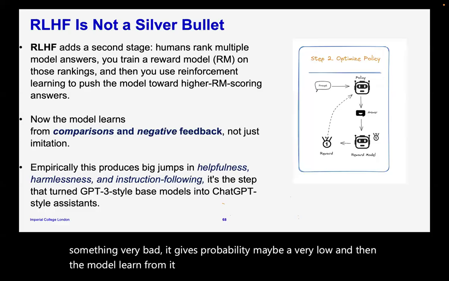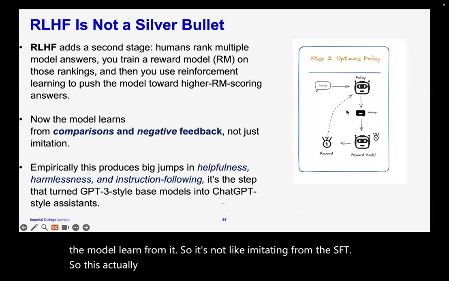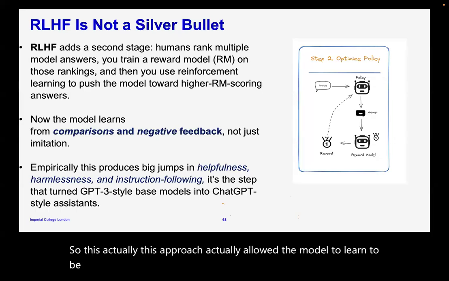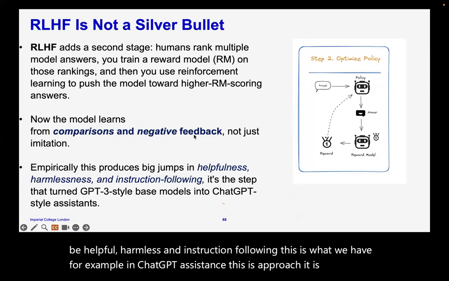So it's not like imitating, as in SFT. This approach allowed the model to learn to be helpful, harmless, and instruction following. This is what we have, for example, in ChatGPT assistants. It learns from comparison and negative feedback.